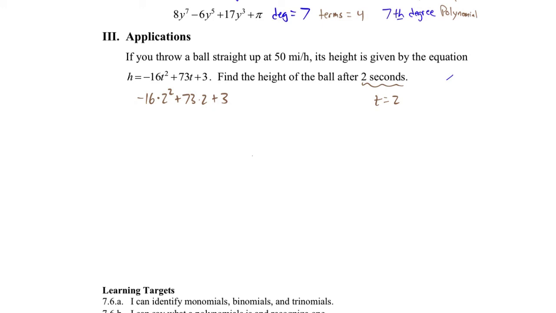But what comes first, multiplication or exponents? Exponents. So you have to first do the 2 squared and then do negative 16 times 4 plus 73 times 2 and so on. But if you punch it all in, you should get 85, which would end up being 85 feet, even though you don't really have a way to know that from what I wrote in the problem. But if you try punching that and you get something different than 85, let me know.